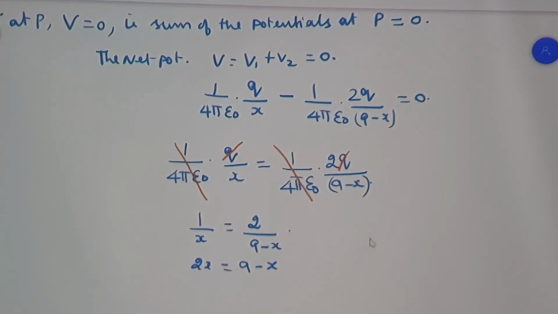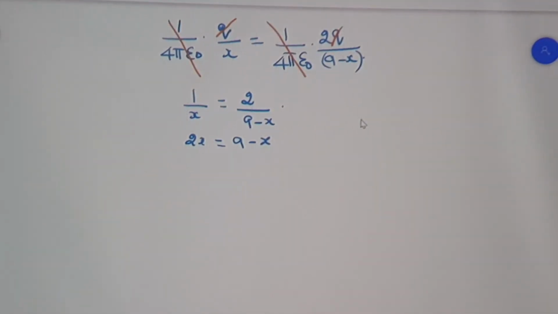Take that x from the right side to the left side, you will get 2x plus x, you will be getting 3x, which is equal to 9, or x is equal to 3 meters.